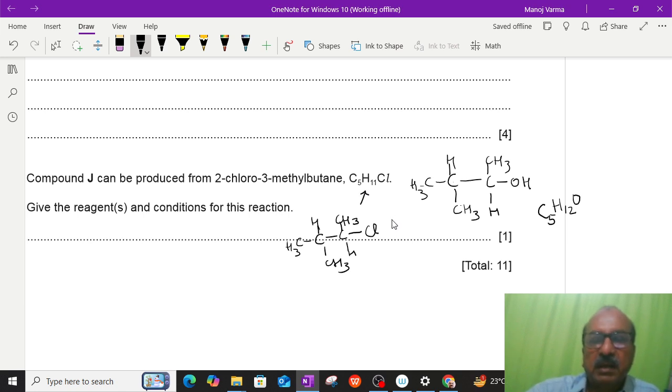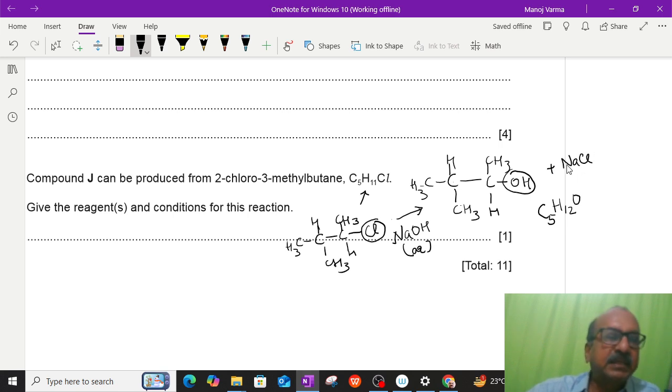Now if you look carefully between these two structures, you can easily notice that the Cl has been replaced by the OH. You have read this in your halogenoalkanes chapter, that the halogen can be replaced by OH if you warm this haloalkane with aqueous NaOH. So if you warm it or reflux it with aqueous NaOH, then Cl gets replaced by OH, and the other product that you get is NaCl.